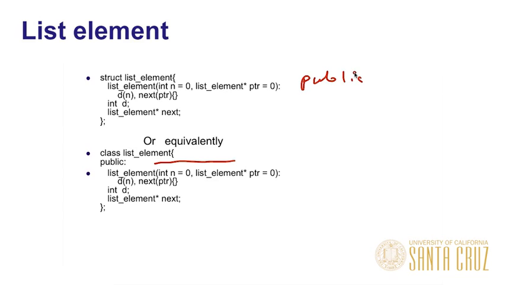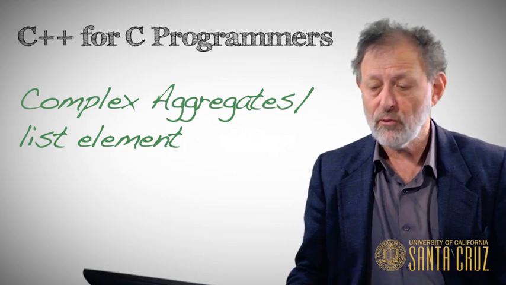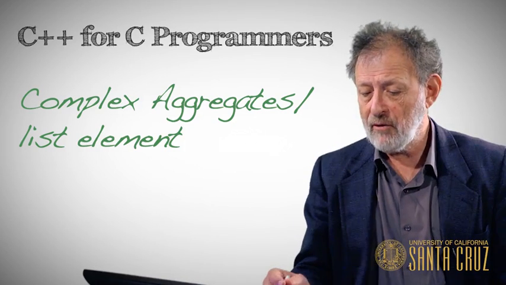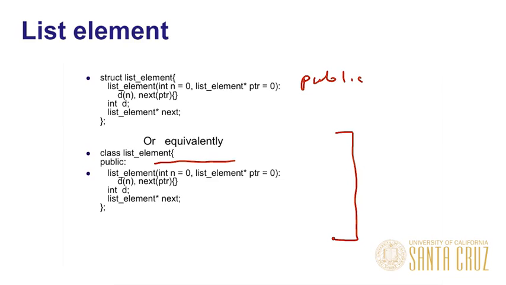But of course, nowadays, this is what we prefer. We tend not to use struct unless it's a very simple, plain old data type, as in C, then we might use struct. So here we have a public, we have a base simple constructor. We see it has two defaults.